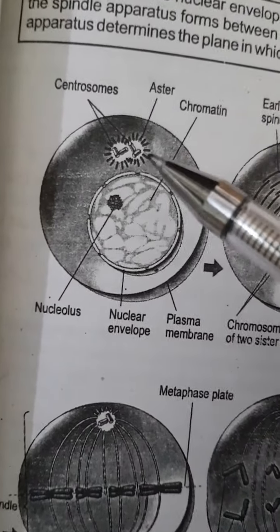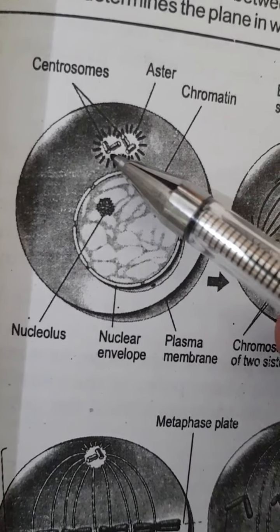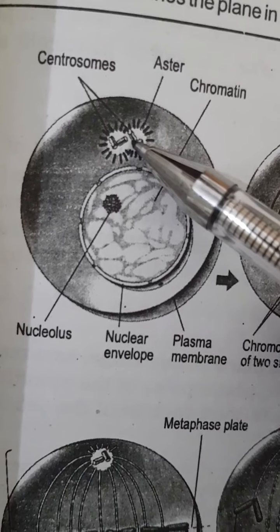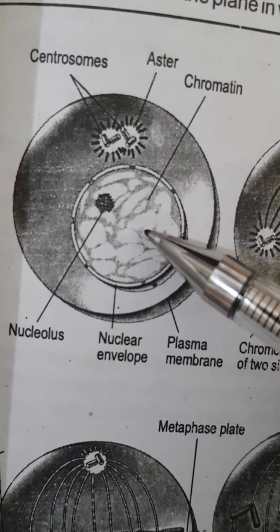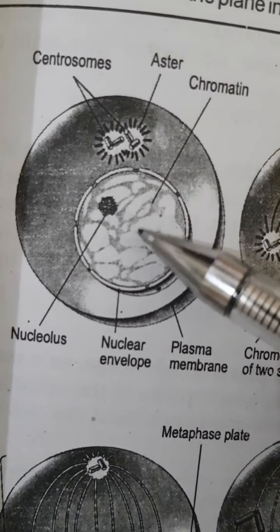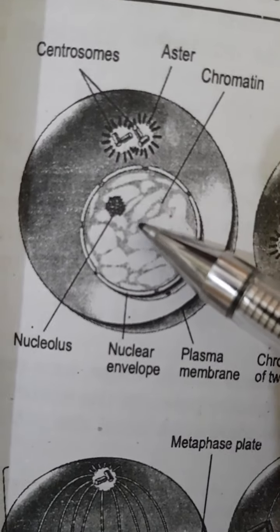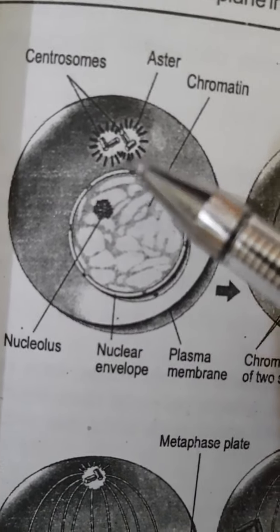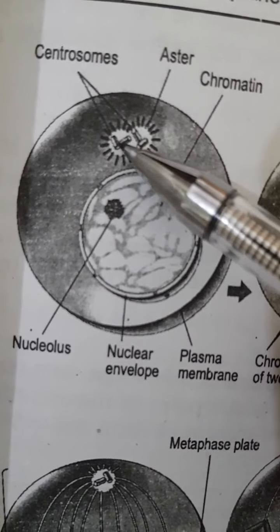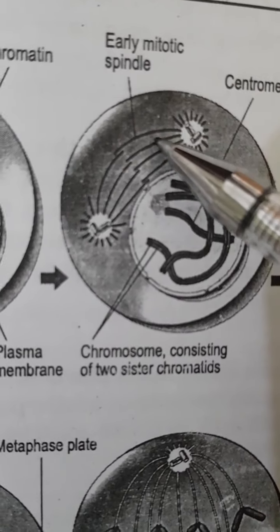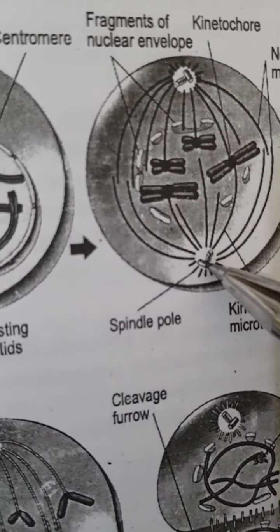You can clearly see this is one centriole, the two bodies, this is another centriole, and at the same time the chromosomes, or the condensing of the chromatin, is also occurring in this region. As I said, the second job or task is the movement of this centriole to this position. So you can see the centriole is moving and it has moved to this position.